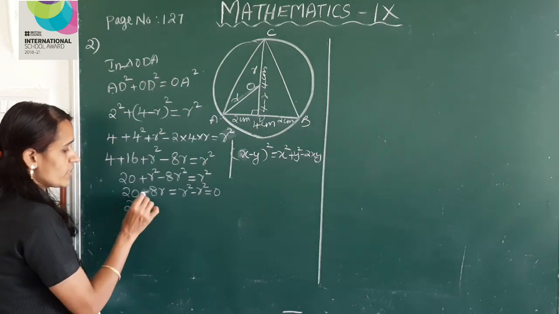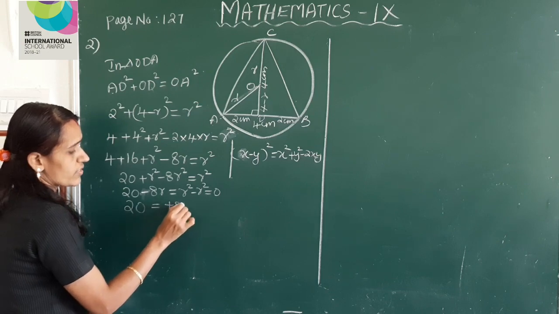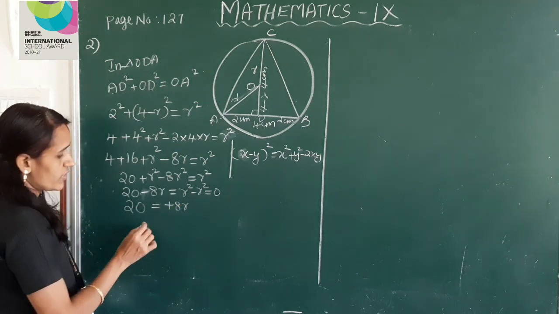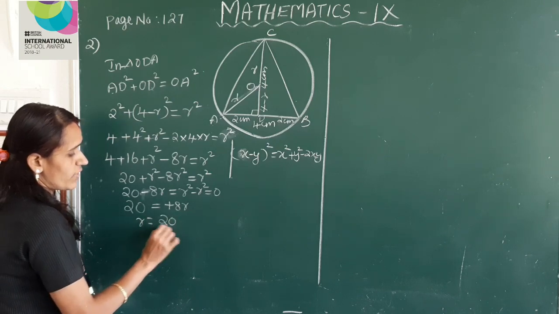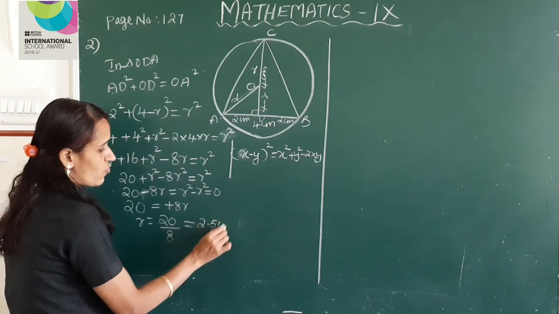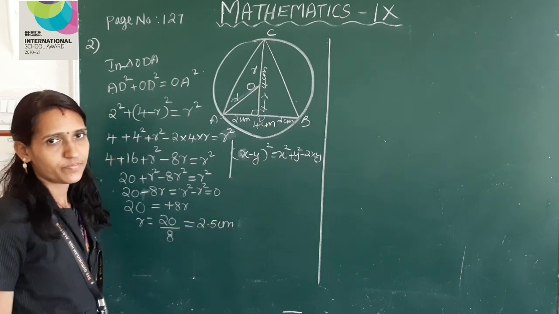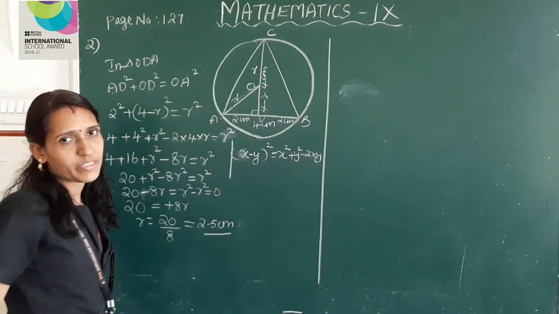Next, 20 minus 8r, change it to the right side, plus 8r. That is r is equal to 20 divided by 8. This is equal to 2.5 centimeter. Here r is 2.5 centimeter.